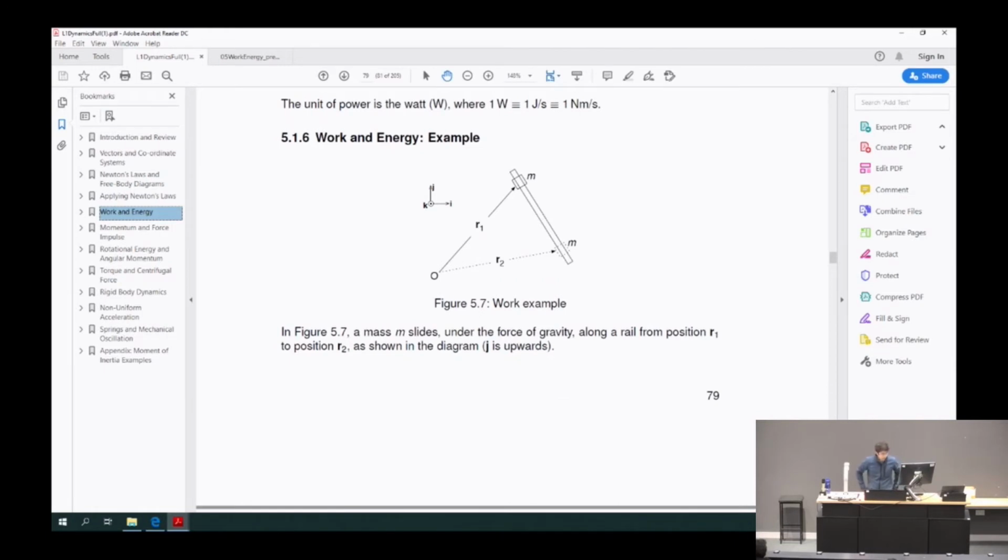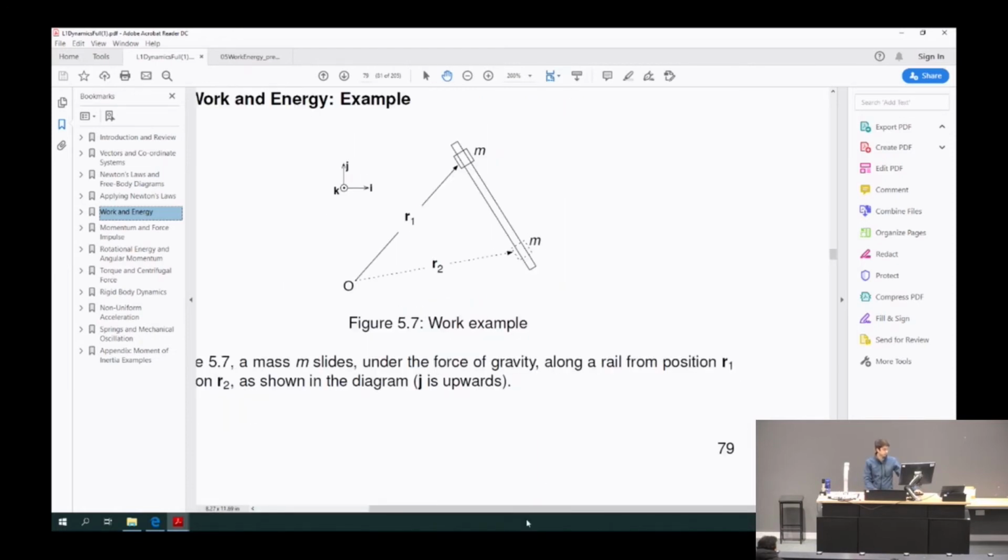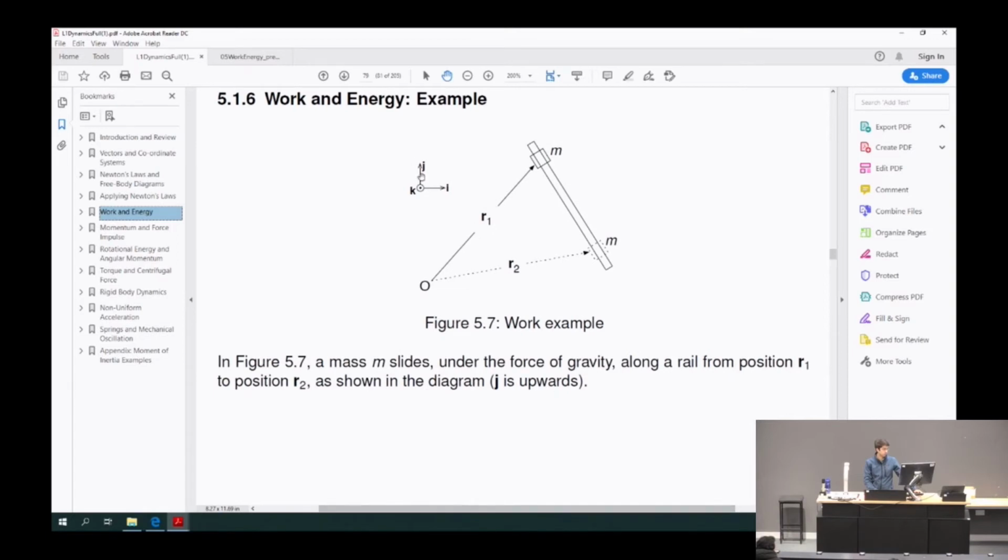There is a little ring on a round bar, mass m, that slides on this round bar under the force of gravity along a rail from position r1, which is our position vector 1, to position vector 2 as shown in the diagram. You can see there's a little coordinate system at the top showing y is upwards, x is to the right, and k is out of the page.